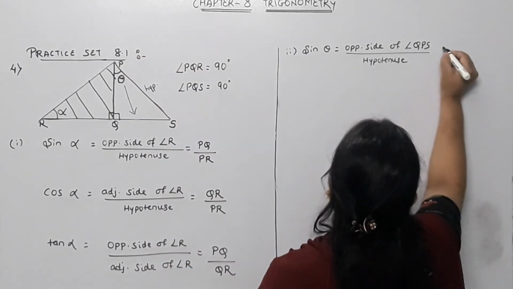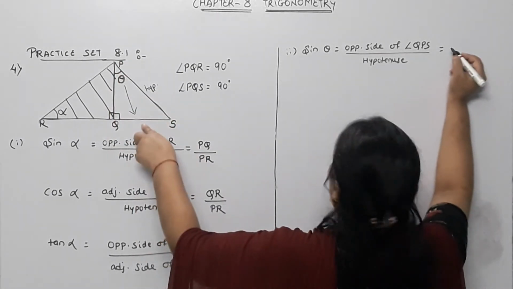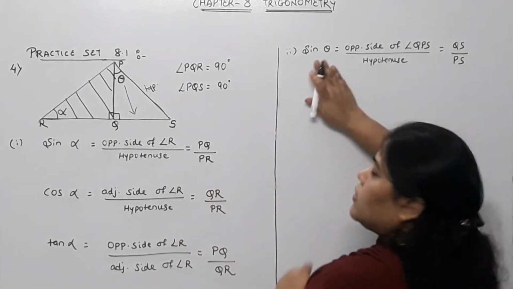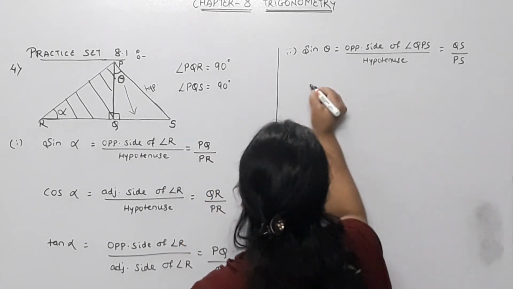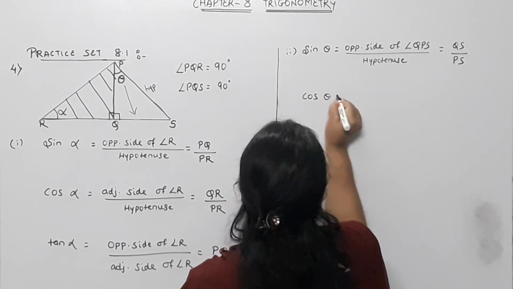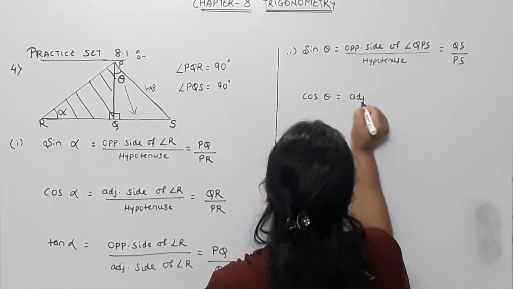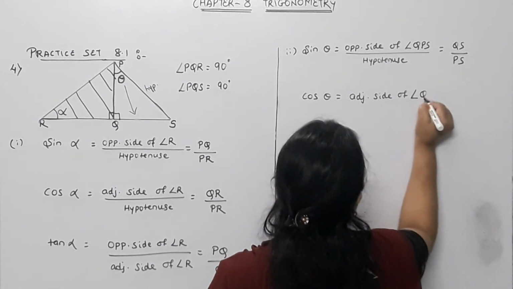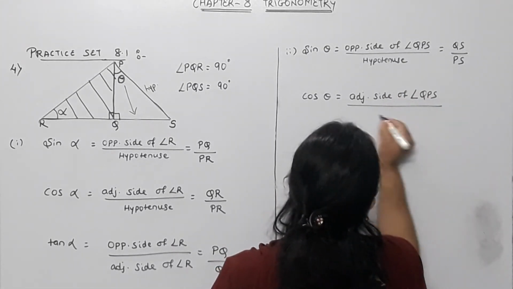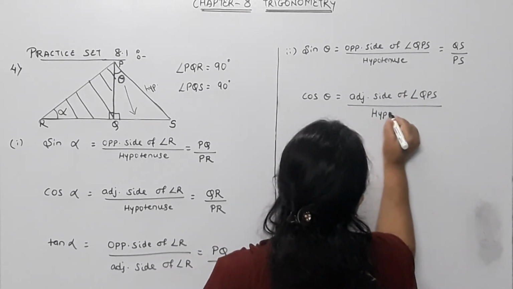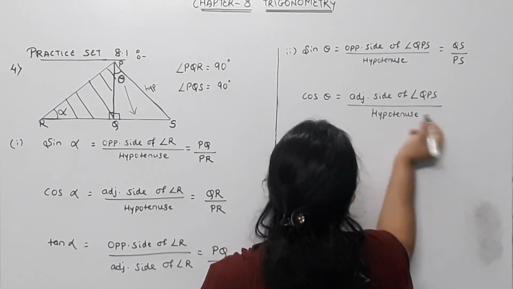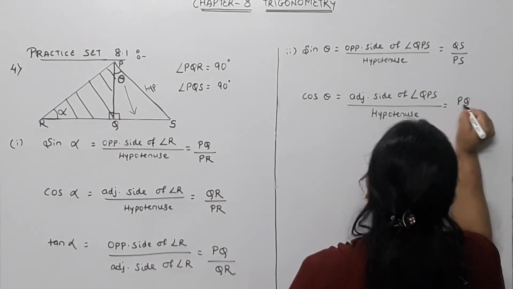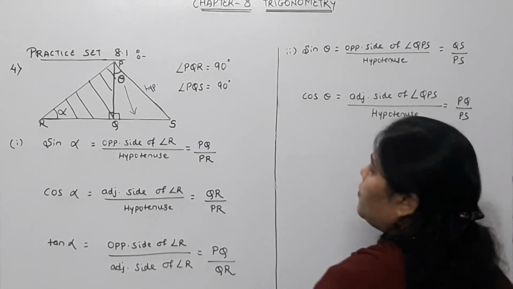So opposite side of QPS is QS upon PS. This will be our sin theta. Then cos theta is equal to adjacent side of angle QPS upon hypotenuse. So PQ is adjacent side, PQ upon PS, the hypotenuse.